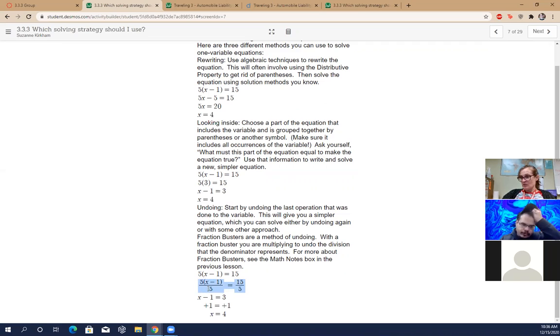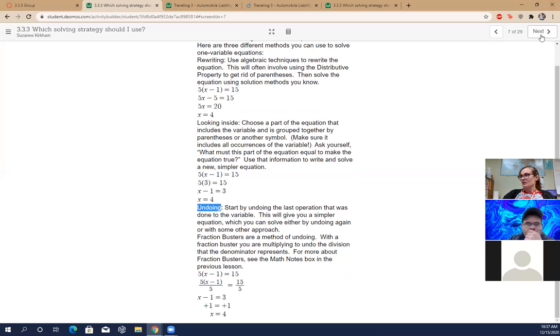If I divide on one side, I have to divide on the other side. So 5 divided by 5 is 1, that gets rid of it, and 15 divided by 5 is 3. Then I'm left with x minus 1 equals 3. Then we add 1 to both sides and we get x equals 4. So that's rewriting, looking inside, and undoing.